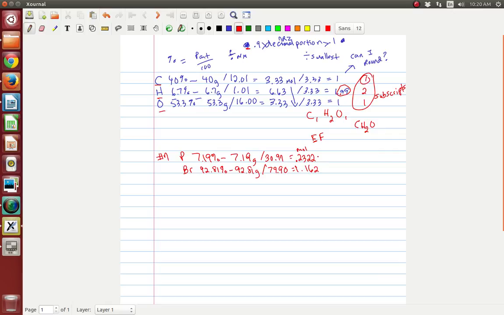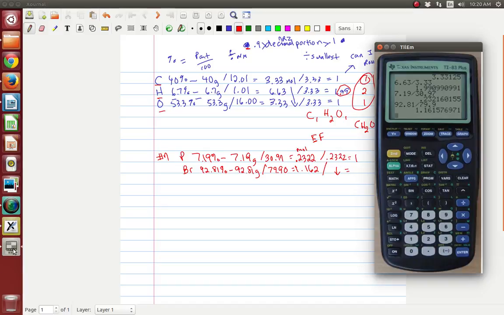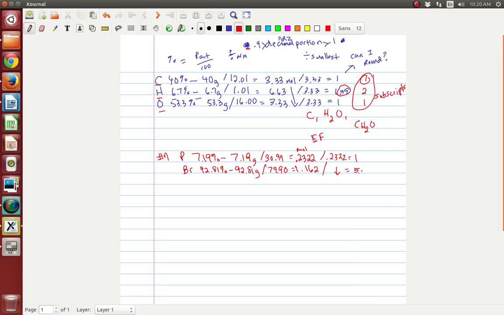Now the next step is to divide by the smallest one, 0.2322. I'm going to divide both of those, and that's going to give me a ratio. The first one is obviously a 1 because 0.2322 divided by itself is 1. Then 1.162 divided by 0.2322, and I get 5.00.